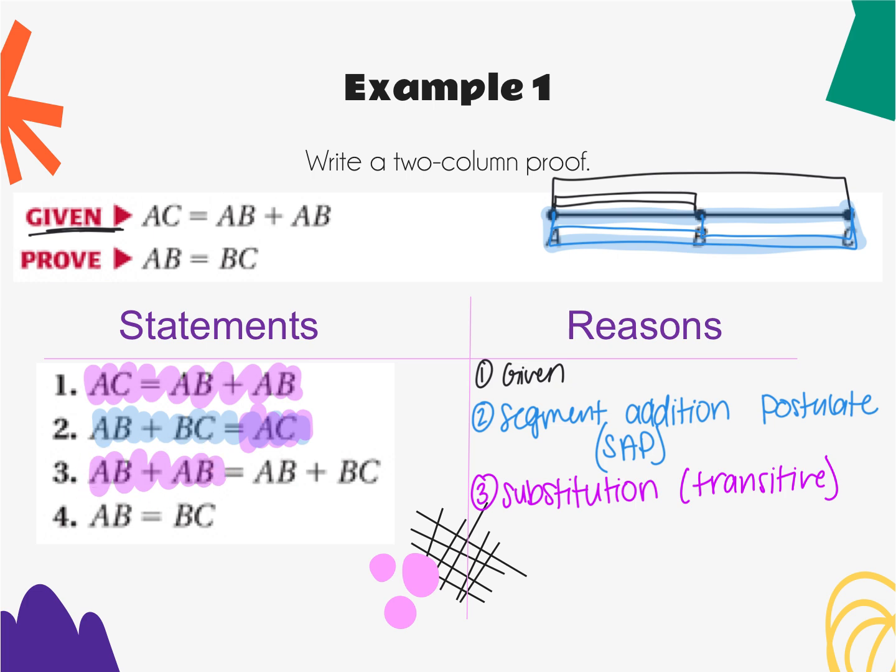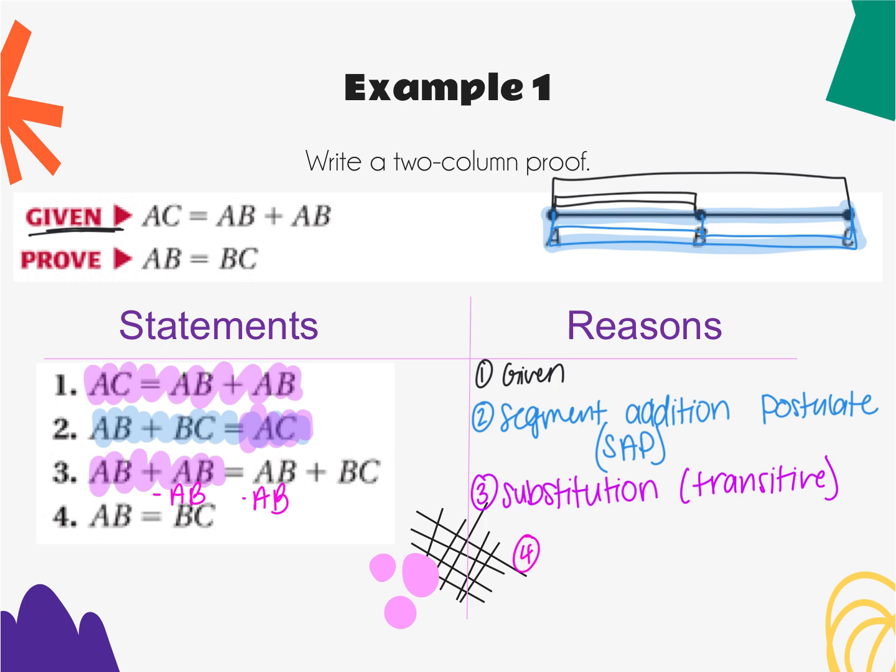And then what am I doing for step 4? I'm not necessarily simplifying. Good. I'm subtracting that AB on both sides. I'm subtracting AB, subtracting AB.